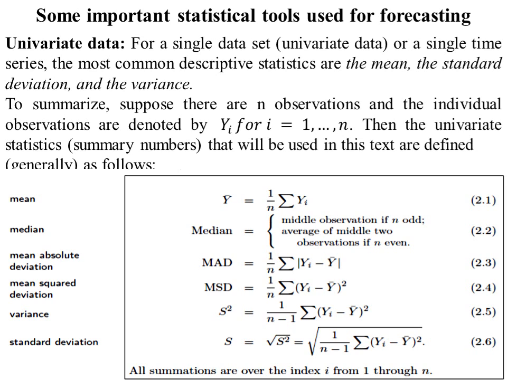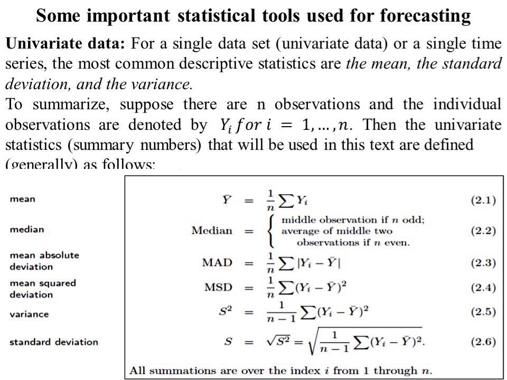So in any mean we have a numerator and a denominator. The numerator has the summation, and the denominator has the total number of observations. Median depends on whether the data set is odd or even.